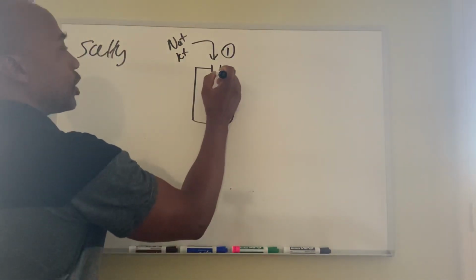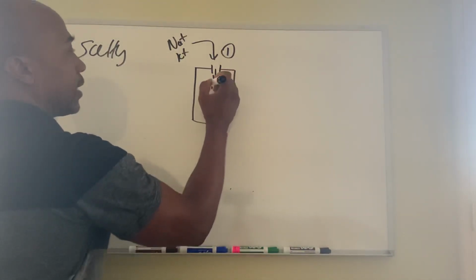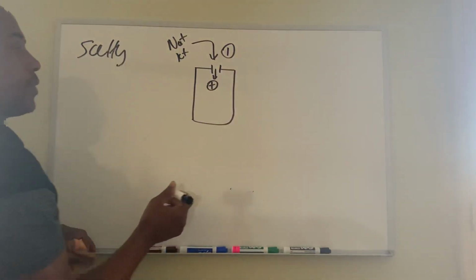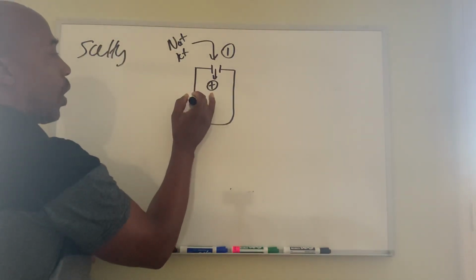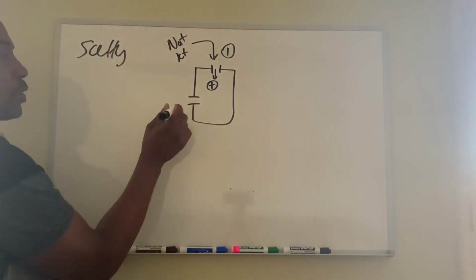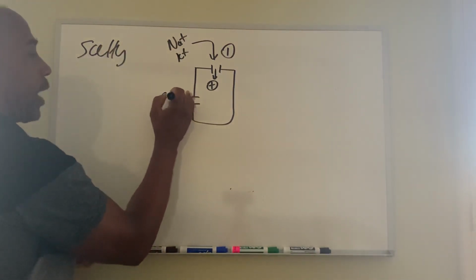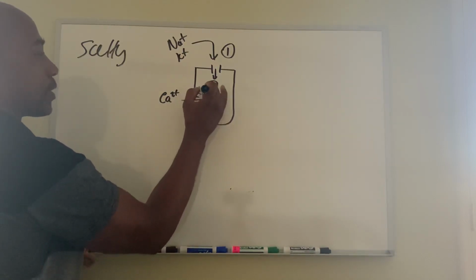These ions come in and create depolarization. That depolarization will next open voltage-gated calcium gates on the same cells that will let calcium into the cell. So that's step 2.